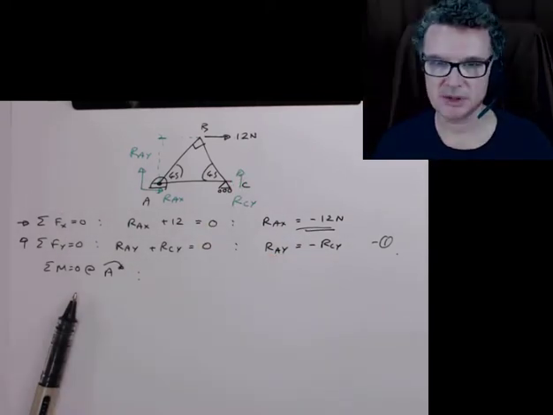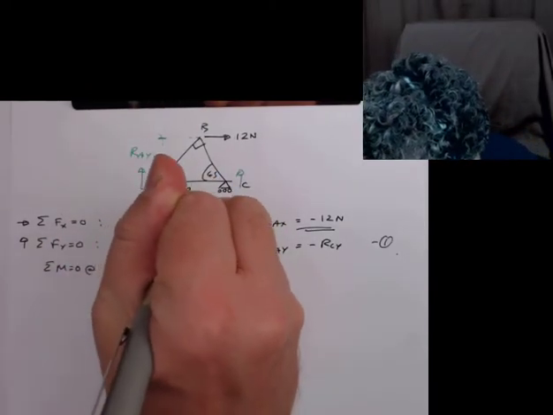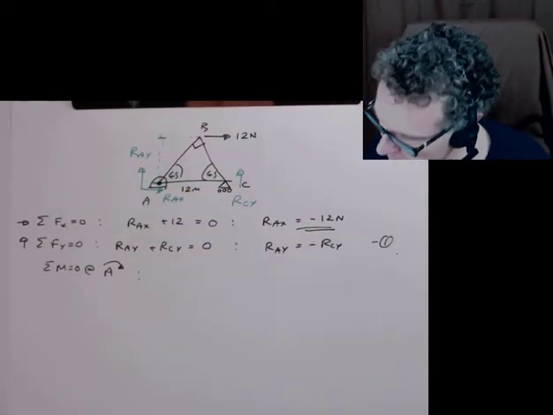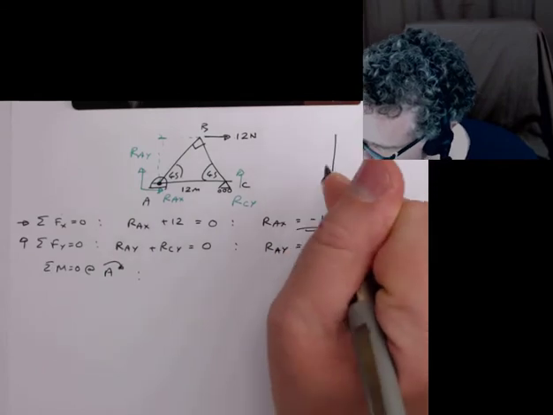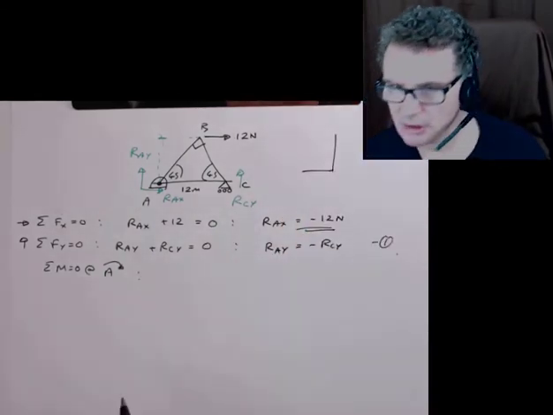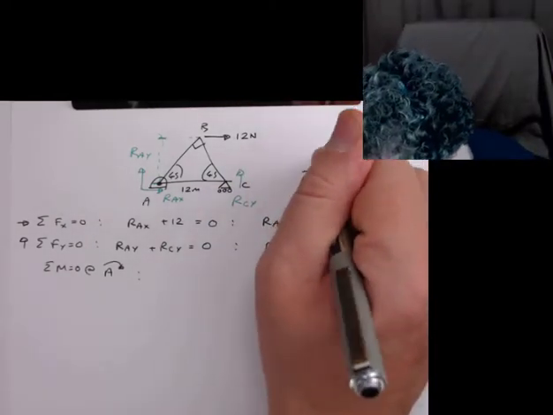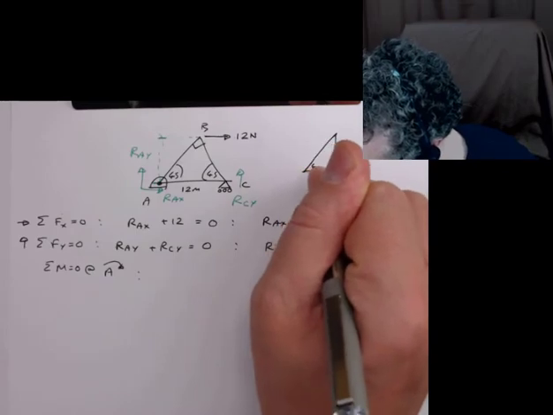Okay, I actually haven't specified what the lengths are. Let's make this 12 meters at the base, so it's 12 meters from here to here. So if that's 12 meters, let's do a little side geometry triangle here. 12 divided in half becomes 6 meters. That's 45 degrees.